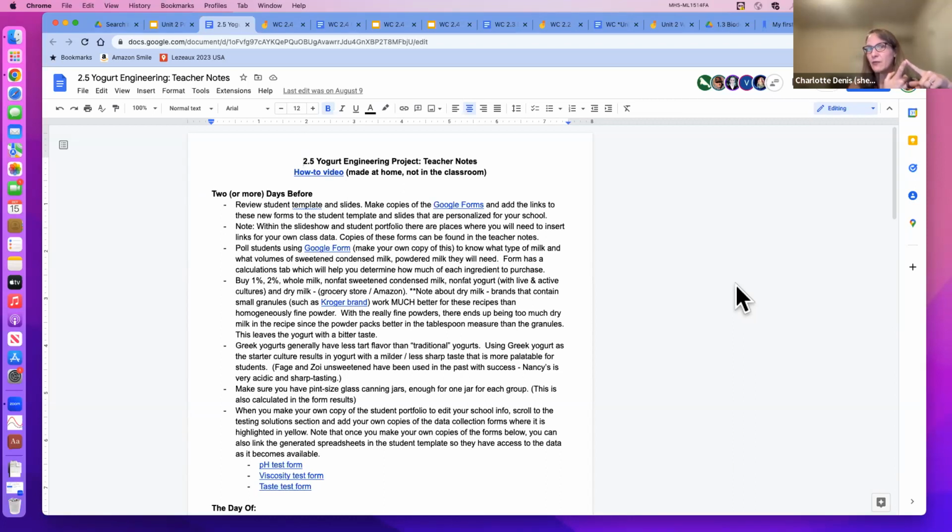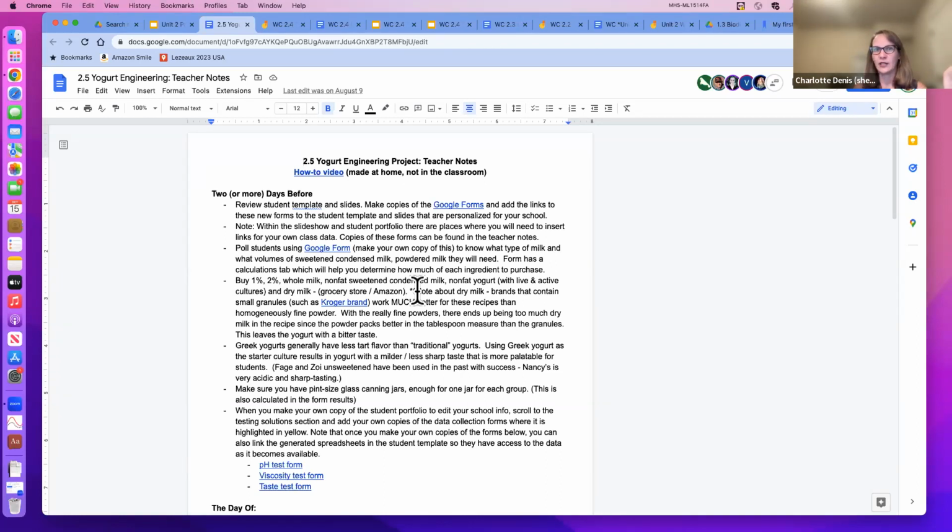Dry milk is another one that we buy online and then tend to have at home, or have in the stock room. Those things all, of course, have to be marked food use only, as do glassware, thermometers, those kinds of things.